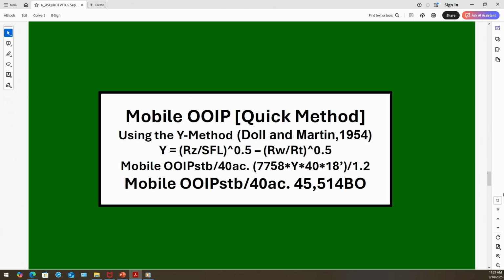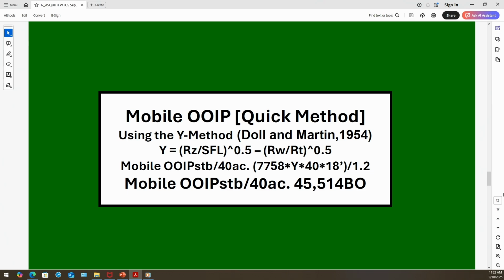Well, there's a lot quicker way of doing that, and that's the famous Y method, developed by Doyle and Martin in 1954. Y is measuring the amount of oil that has been moved during invasion, so you don't need all those other things. Y is equal to R sub Z over SFL to the 1/2.